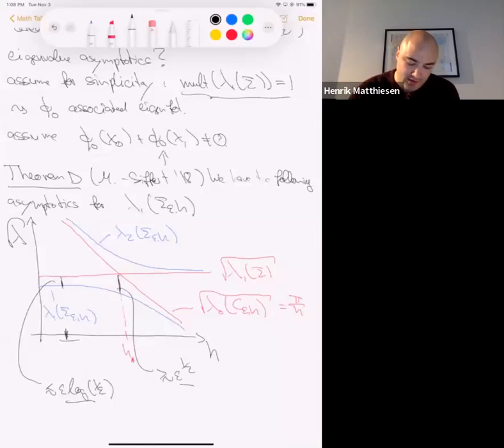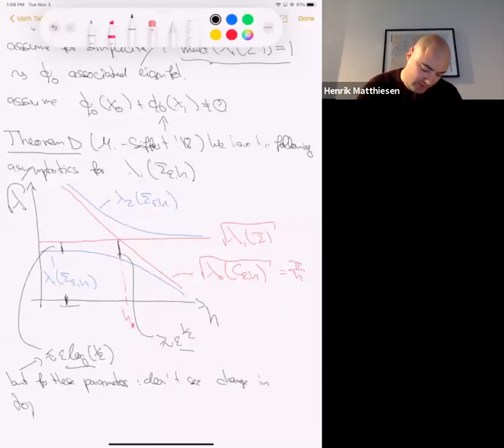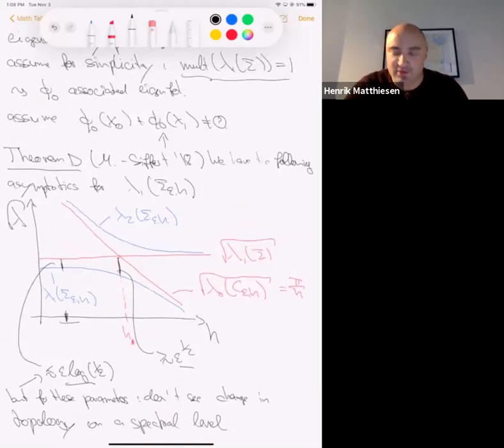Where you see it is near this parameter h star. So for these parameters, we don't see the change in topology on the spectral level. So you shouldn't expect to get the result in that regime anyways.